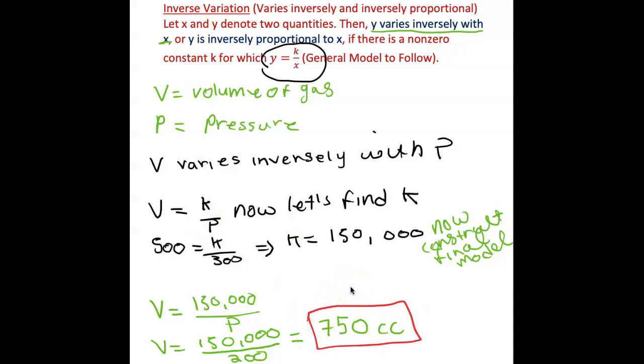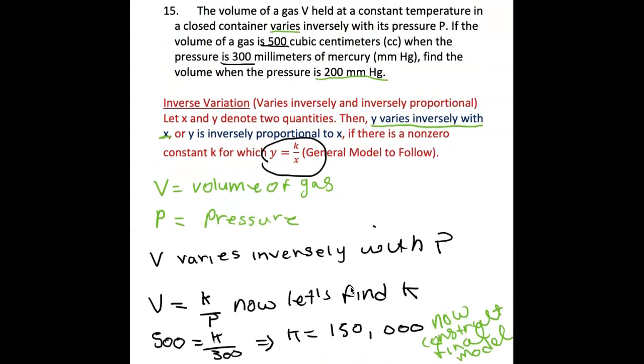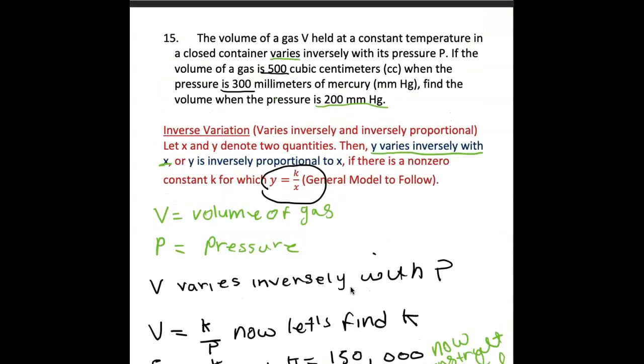So with this example, again, we saw that we were dealing with variation, and then it was inverse variation. Once we know that, we label our variables, what each variable means, and which one varies with what.